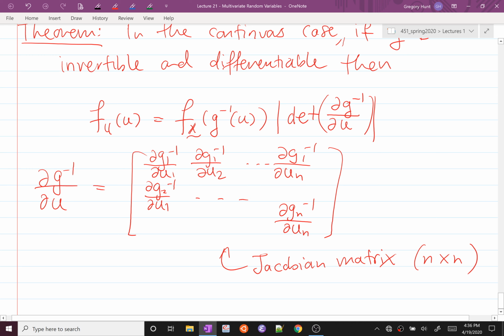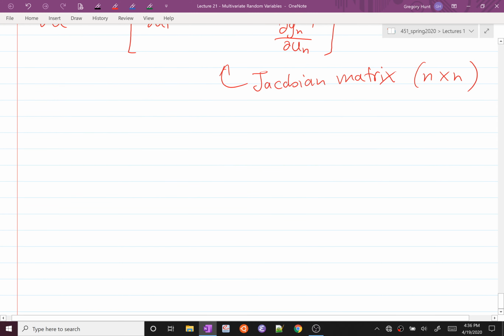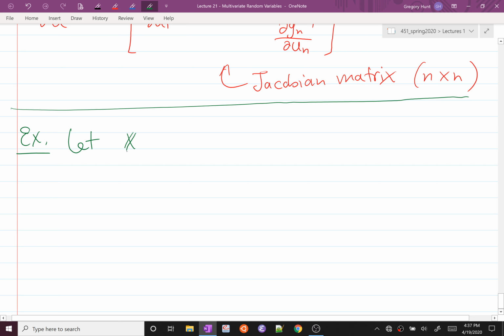So we can look at an example, and generally you can make this as complicated as you want, but we'll look at one where we can actually get a nice little solution. So here's going to be my setup. Here's my example. And we're going to let the x of i be iid exponential lambda.